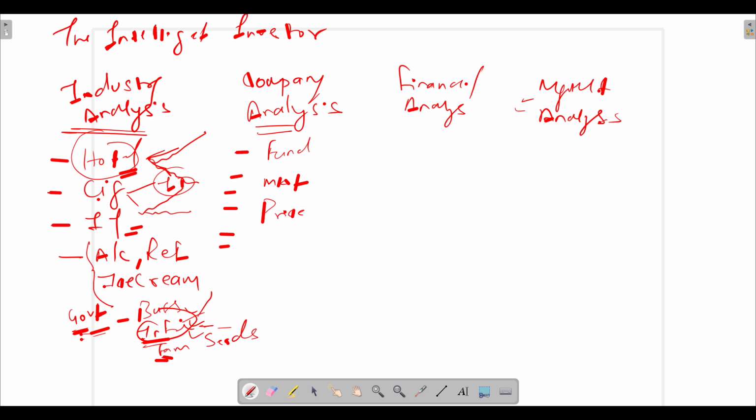Since Apple's product is chosen by most of the users, Apple is a price maker, not a taker. Apple can impose any price on their product, and most of the buyers will definitely buy it. So they are price makers, and since they are price makers, their profit will be higher. This analysis will be connected to financial analysis as well, so we'll come to it.